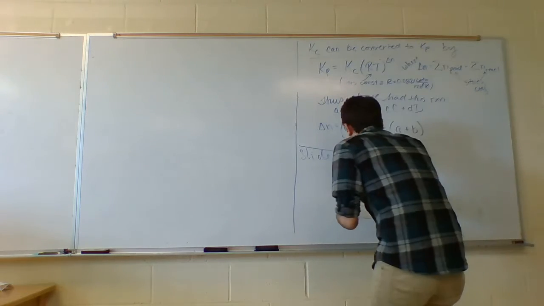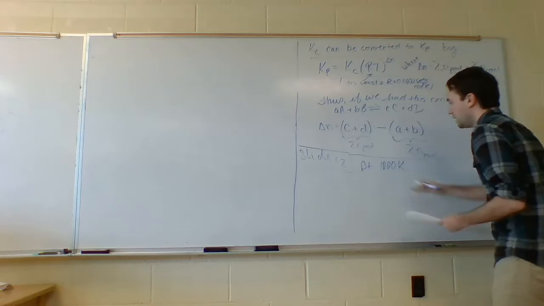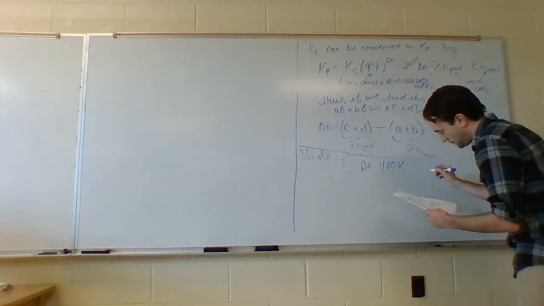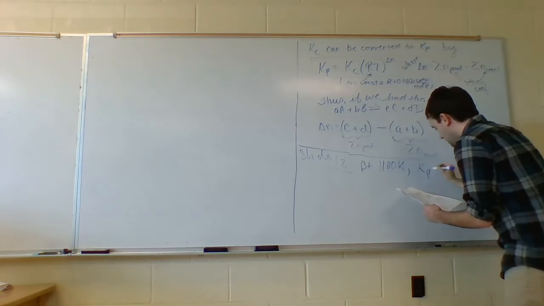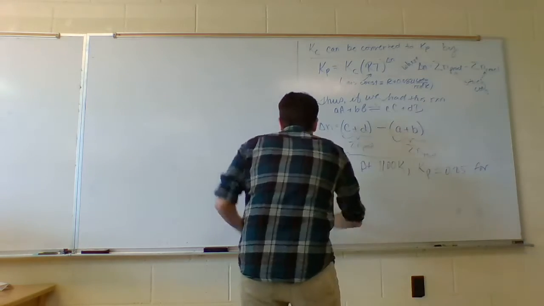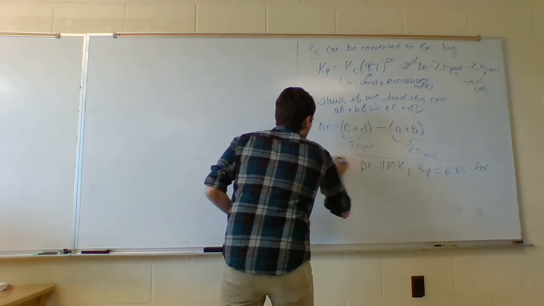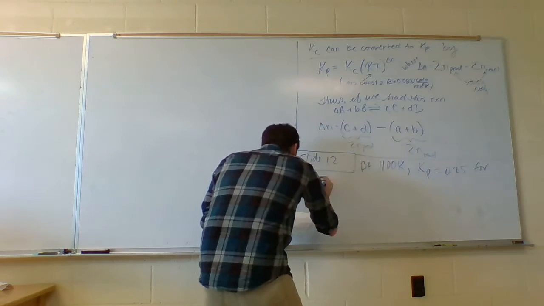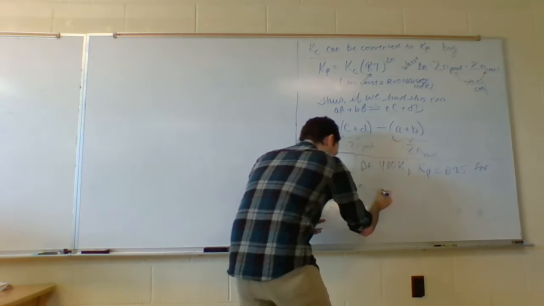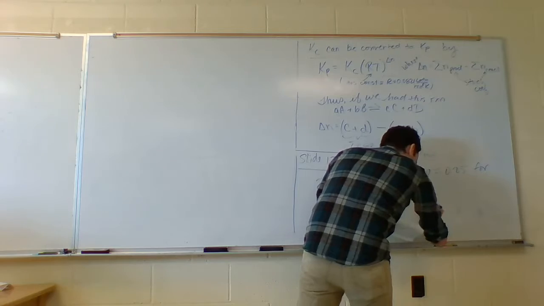It says that at 1,100 Kelvin, the Kp is equal to 0.25 for the reaction given by 2SO2 plus O2 in equilibrium with 2SO3.